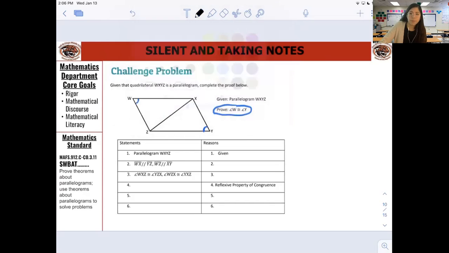Well, I can definitely fill that one in. But let's see how we can get there. So first thing, it's given that it's a parallelogram. Let's go to the next one.